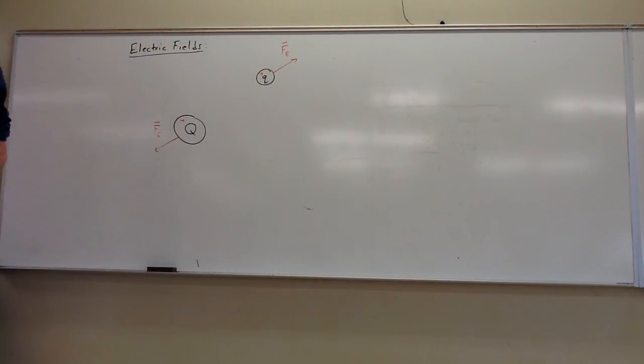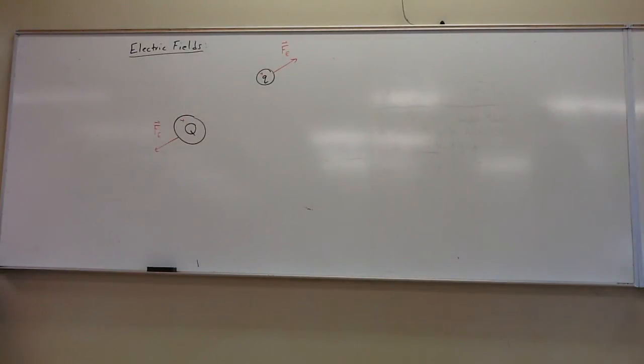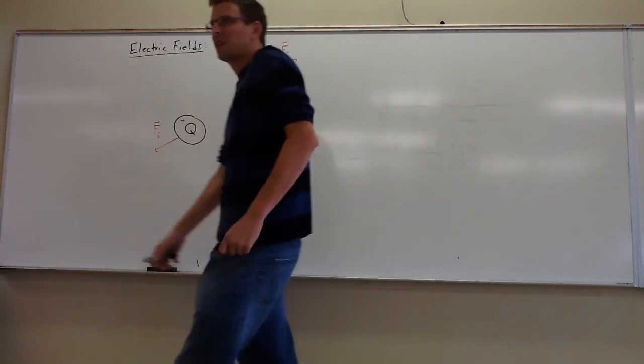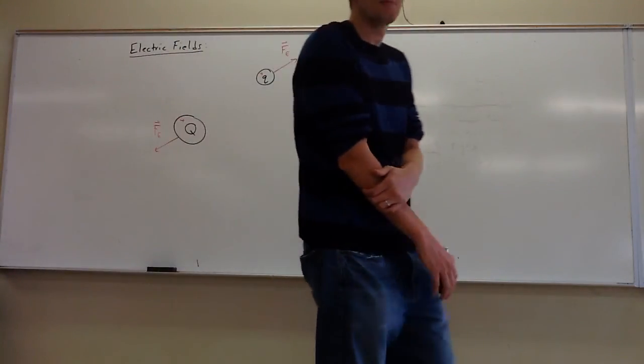We use Coulomb's law, and it can tell us the amount of the repulsion depending on how much the charges are and how far they are apart. But here's the thing that really bothers, if you really think about it: how do they know to repel each other? These things potentially can be far apart.